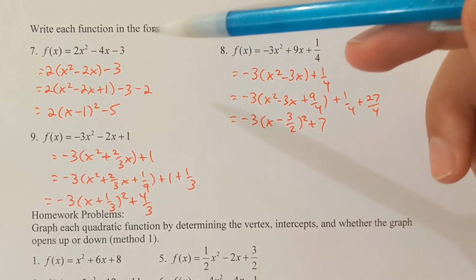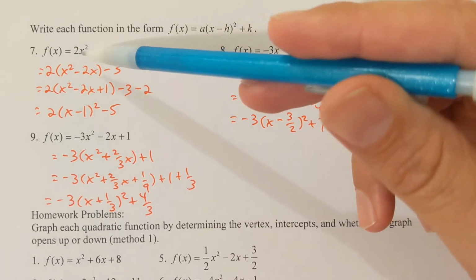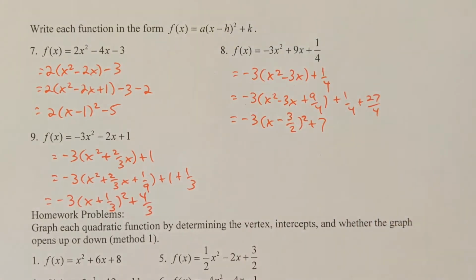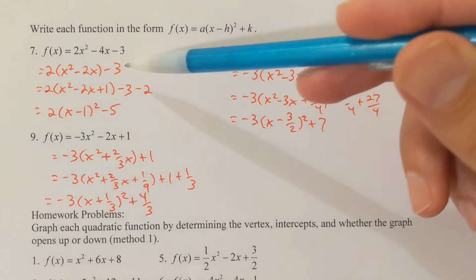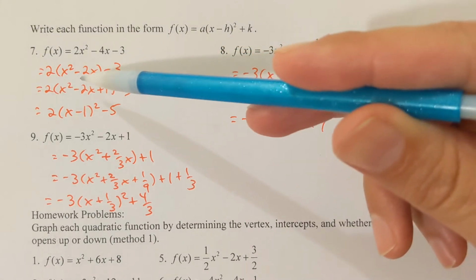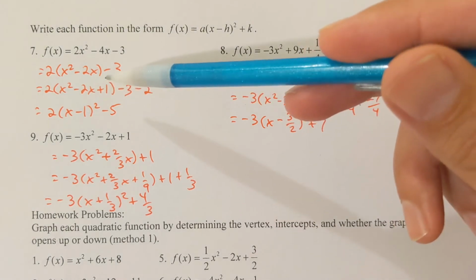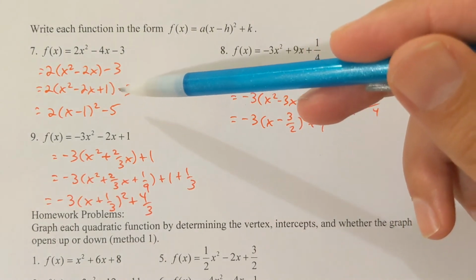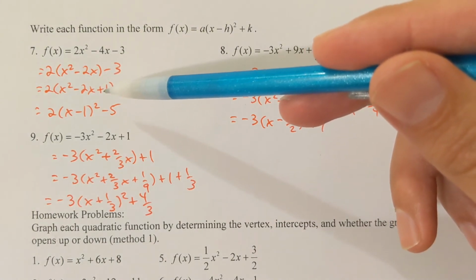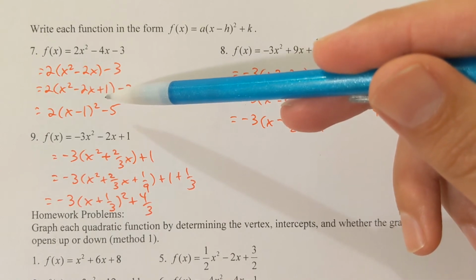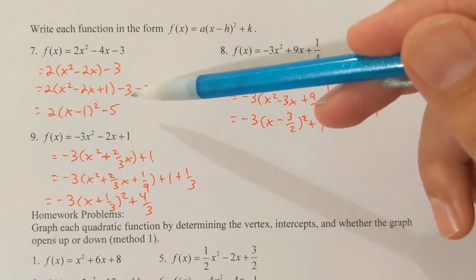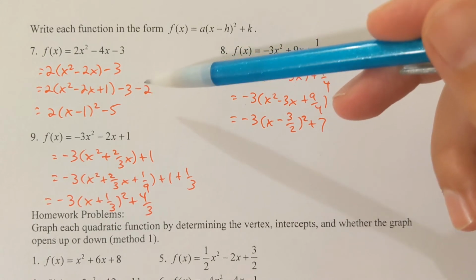So for example, 2 is going to come out of these two terms. Negative 3 is going to be at the end, and I've got my 1 in front of my x squared term. And now I'm going to complete the square. x squared minus 2x plus 1 minus 3 minus 2.